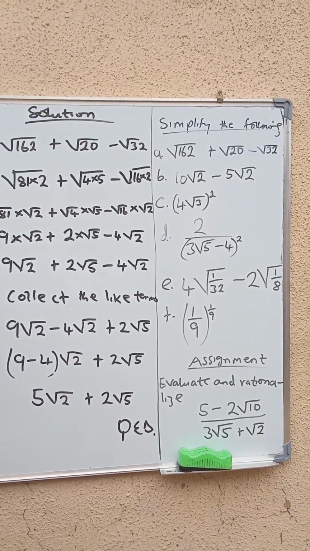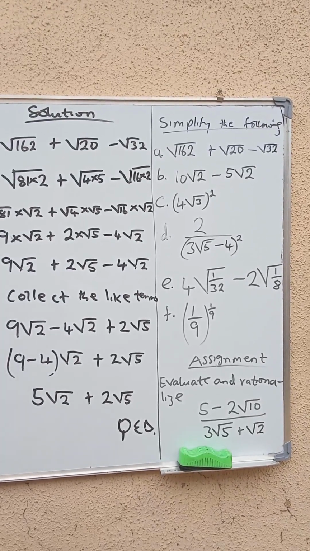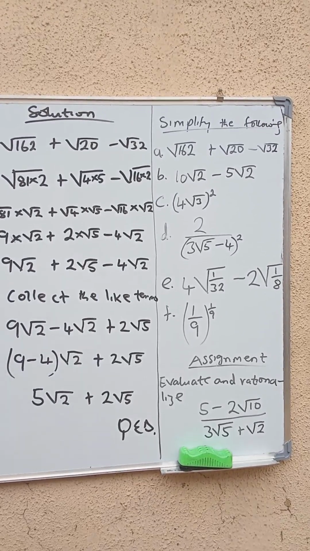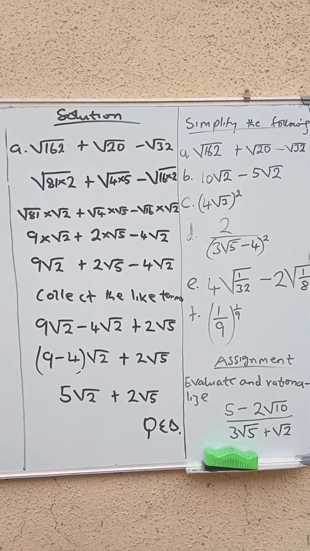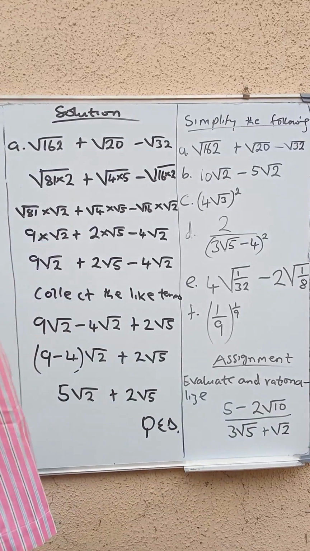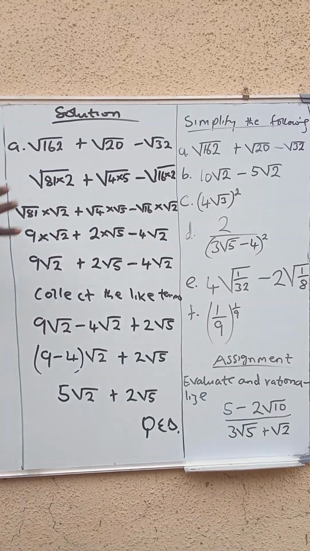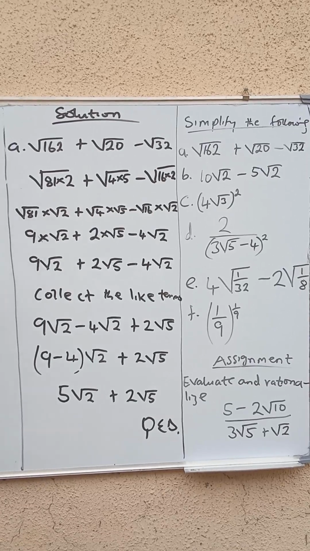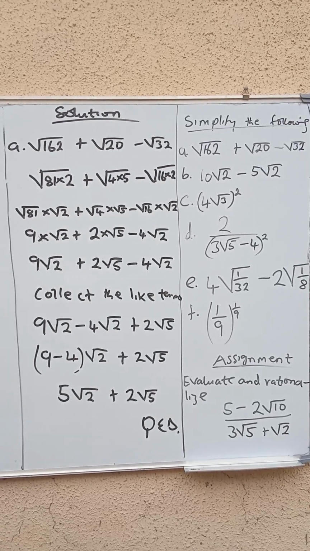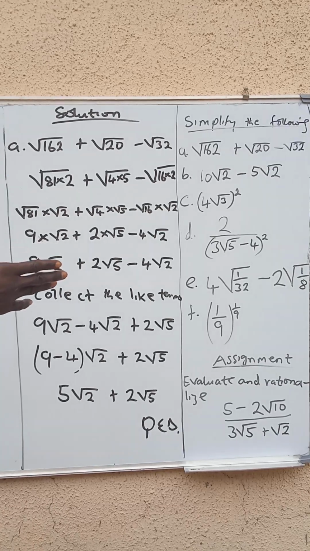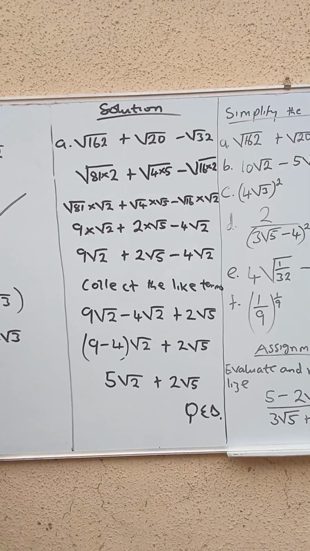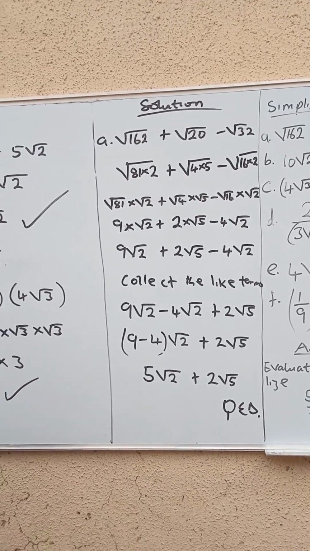Good. Now, another one there that was supposed to do justice to is the number D. The number D. And this number D, I'll use the whole of this board to make it very clear. The number D. Now look at it here. I hope you are done with this and you are done with this, right? Good. So now, since it's number D, I want to use the whole of this because this has to do with rationalization, conjugates of surds.